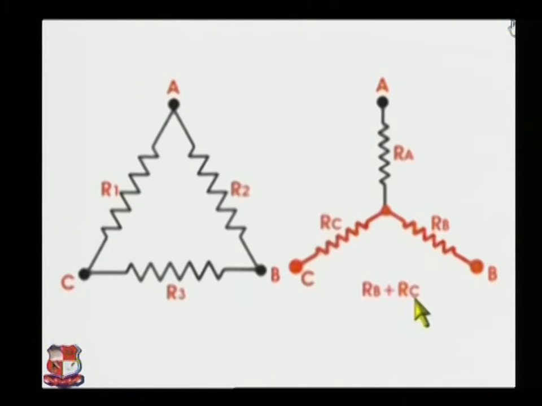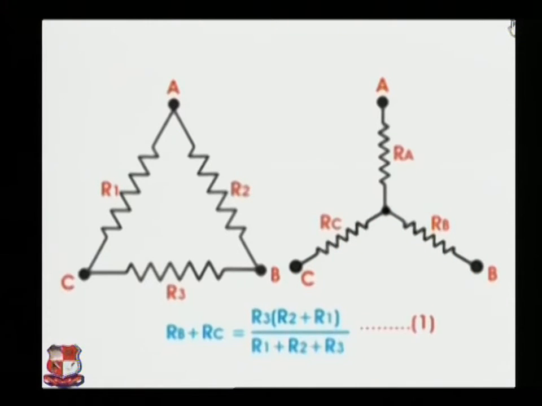Here RA will not come into our calculation as it is just open circuited. Since the two systems are identical, resistances measured between points B and C in both systems must be equal. So RB plus RC is equal to R3 into (R2 plus R1) divided by (R1 plus R2 plus R3), and say this is equation 1.